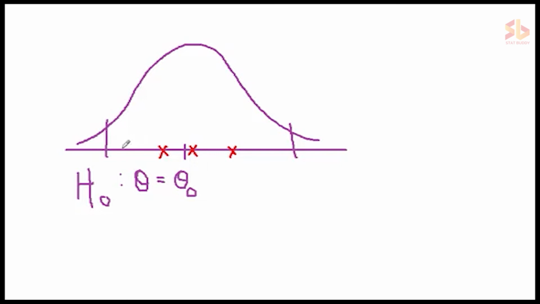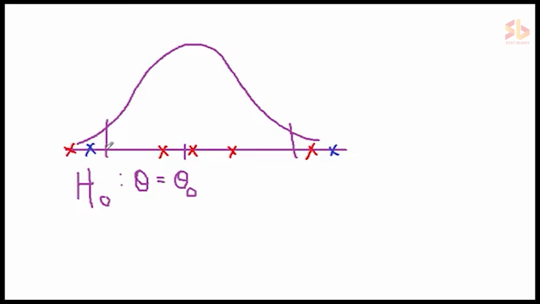But when we are moving to the lower tail and to the upper tail, the points in here are unlikely to occur, which means the probability of occurring of the points in these two tails is low.